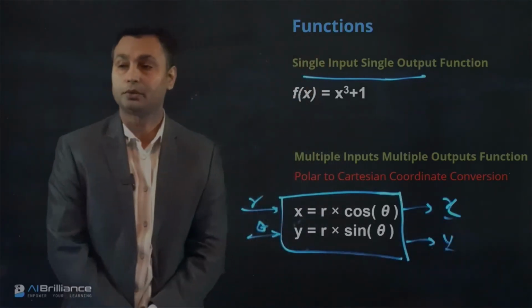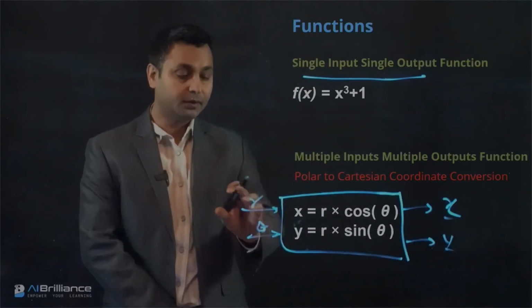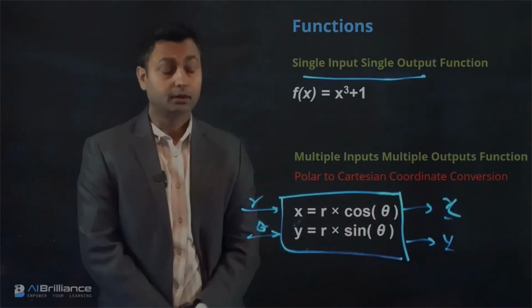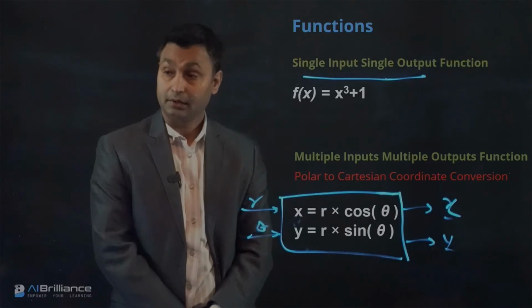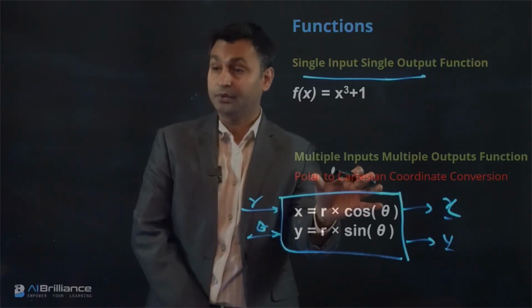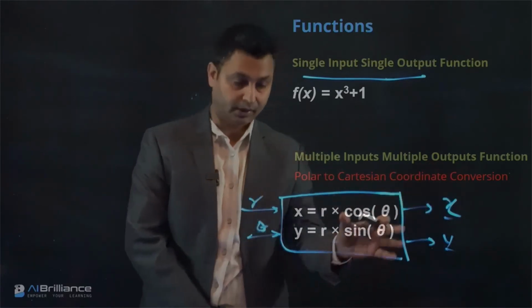So we basically provide the coordinates in the polar system, but this function outputs a Cartesian coordinate. So here is an example of a multiple input and multiple output function, and this is an important one.